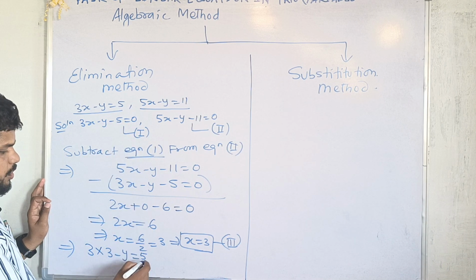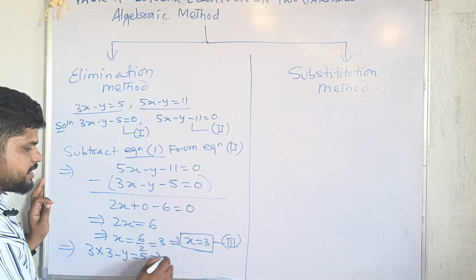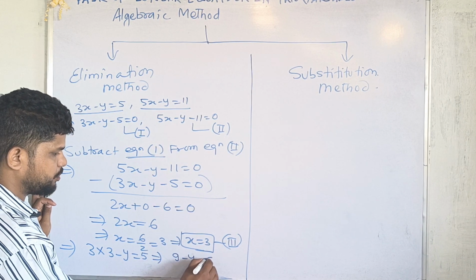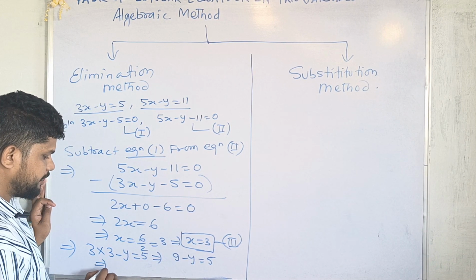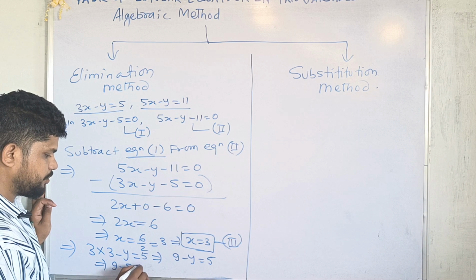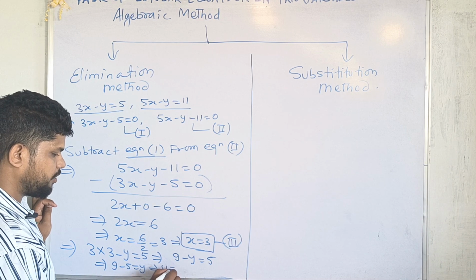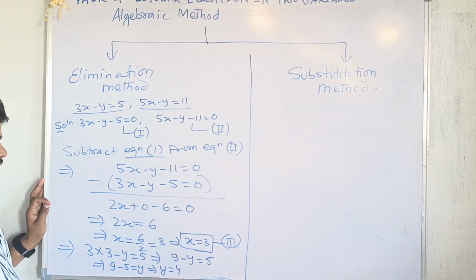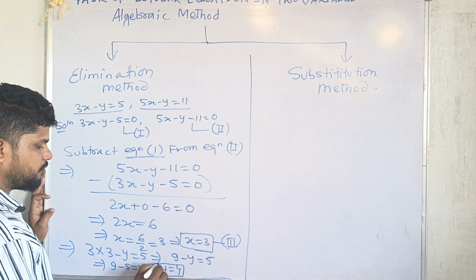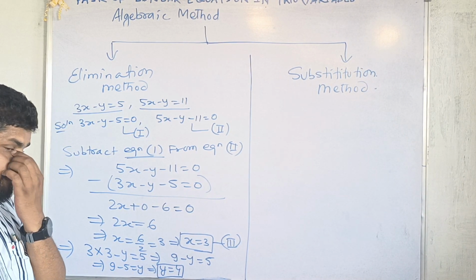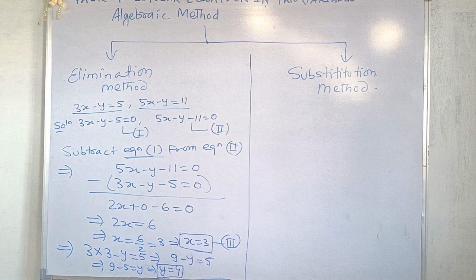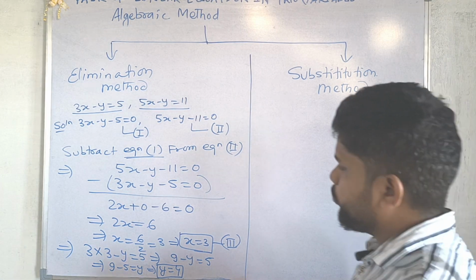So 3 into 3 is 9, minus y is equal to 5. Here 9 minus 5 is equal to y, that is the value of y is equal to 4. Okay, so what we have got? The value of x and the value of y. The value of x is 3 and the value of y is 4.